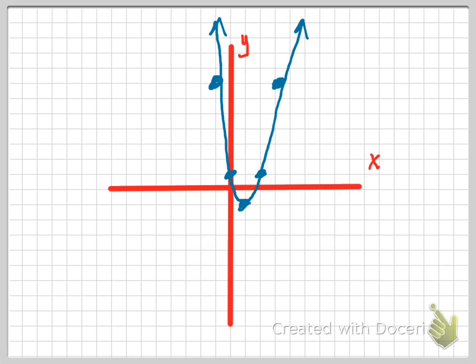Now, if we're going to label the parts here, every parabola has a couple of parts that are very important. We have the vertex point, which we already found. The vertex is the point 1, negative 1 in this example. We also have this thing called an axis of symmetry.